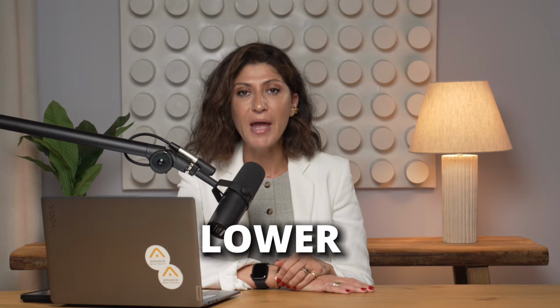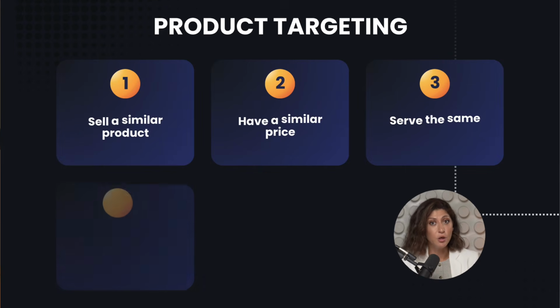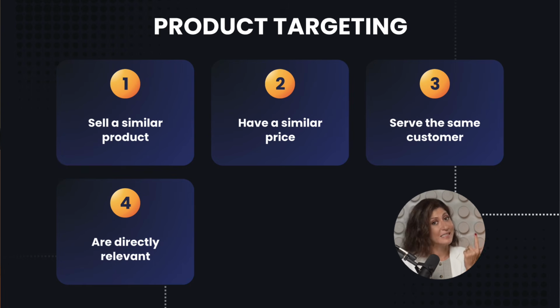It's not going to be the main campaign that drives a lot of sales, but it is somewhat of a cheaper type of campaign, as the CPC, the cost per click, for product targeting campaigns is usually lower than exact keywords or an auto campaign even. So you want to look for competitors that sell a similar product to yours, that have a similar price, that serve the same customer and are directly relevant.